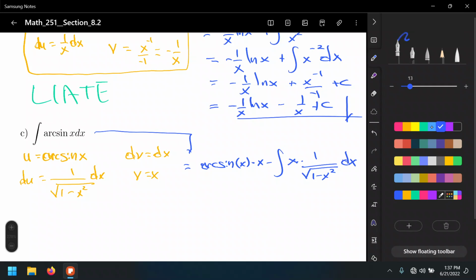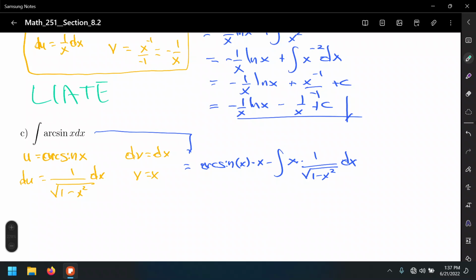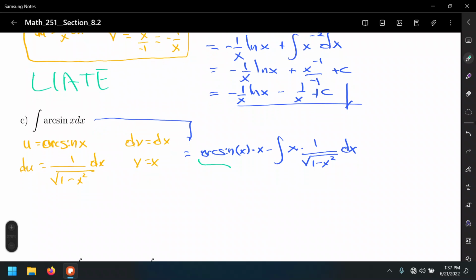Again, let me do some notation just so you can see which one is which. So this is our u, this is our v, and this is our du.